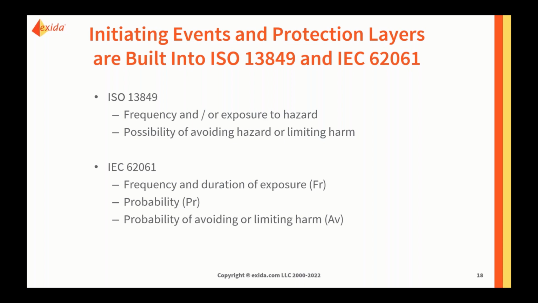But if it's not good enough, if you need a better understanding of the risk that you're facing, a better understanding of how that risk is controlled and potentially managed, then protection layer analysis in its more full forms is probably going to be a better approach than using either of the 13849 or the 62061 example methods.